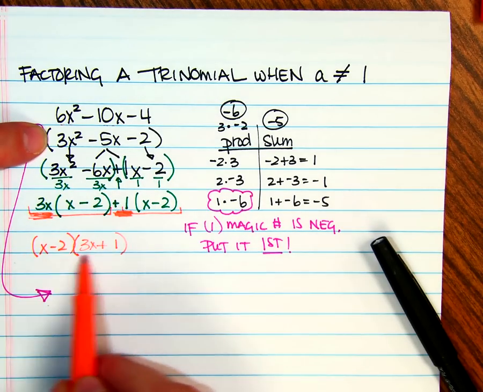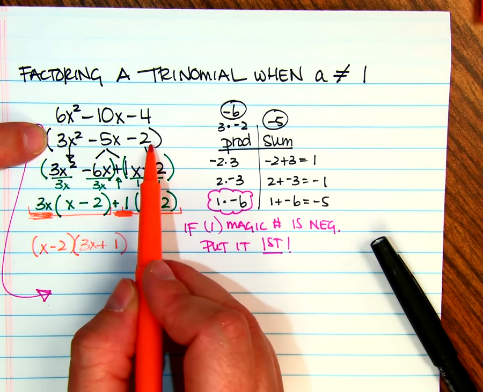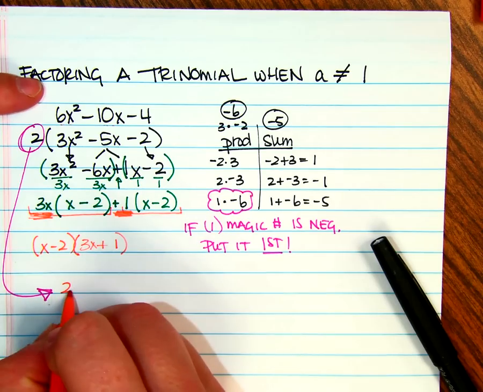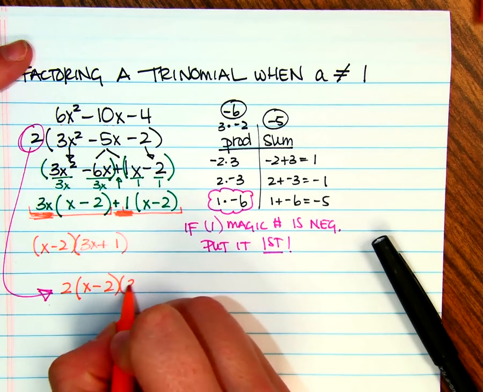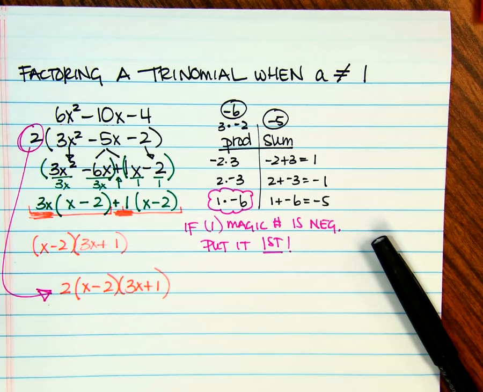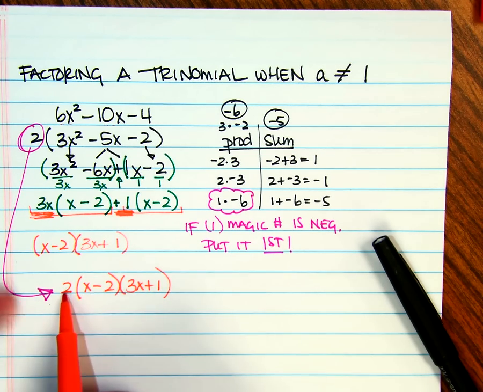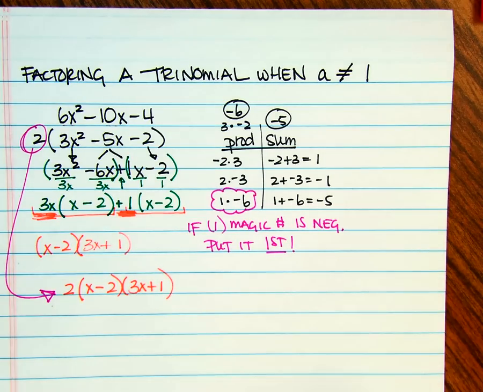Remember, this is what we factored from 3x squared minus 5x minus 2. You can't forget about the 2. So 2 times the quantity x minus 2 times a quantity of 3x plus 1. And again, you can check it. You can FOIL this out, multiply that by 2, and you better end up with that beginning number.